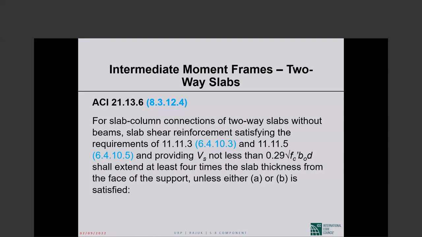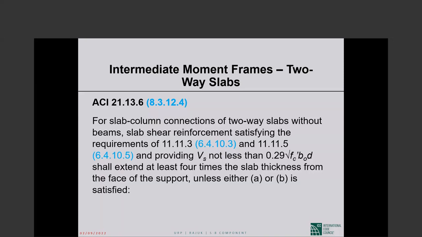So we came up with a solution that said you shall not worry about deformation compatibility between gravity frame and seismic force resisting shear walls, which you are ignoring anyway.